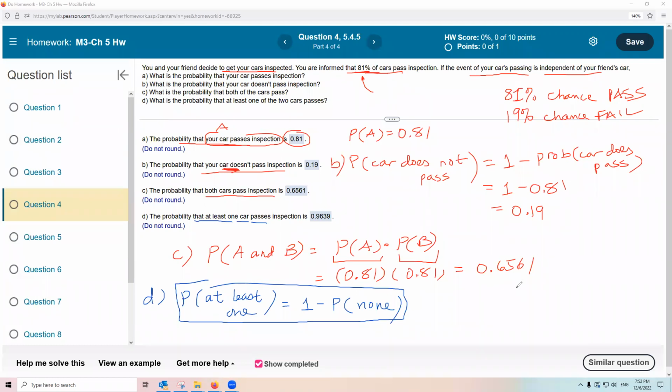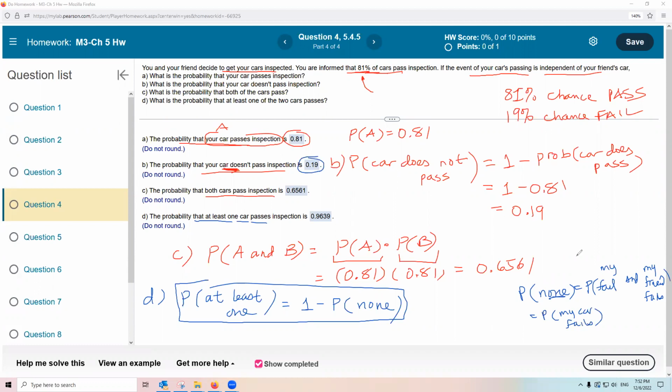Well, the probability of none would mean that it's the probability that my car fails and my friend's car fails inspection, because if we both fail, that means none of us passed. The probability that my car fails is 0.19.